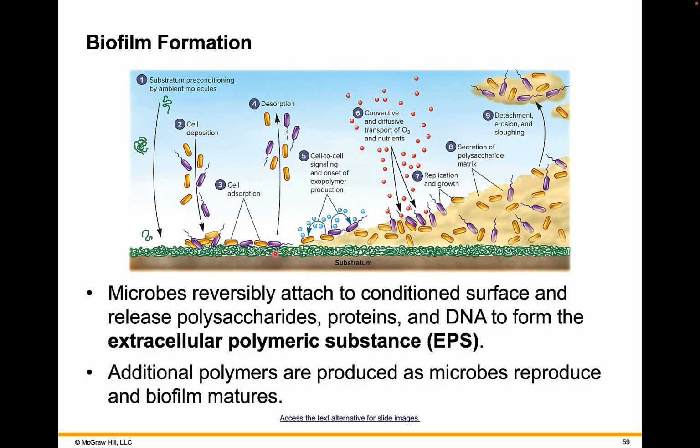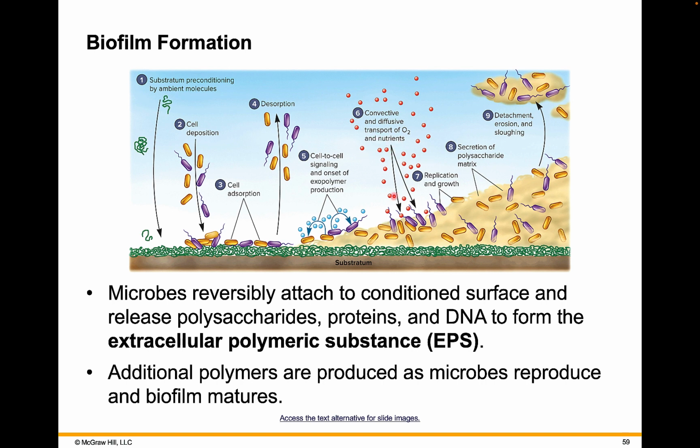Once they are on the surface, there will be a lot of cell-to-cell signaling, and they will secrete exopolymers. These exopolymers help them to grow exponentially. They secrete this polysaccharide matrix, which we call the extracellular polymeric substance, or EPS.